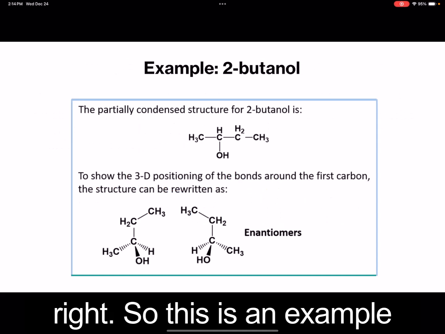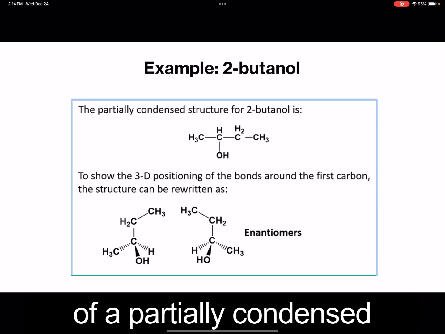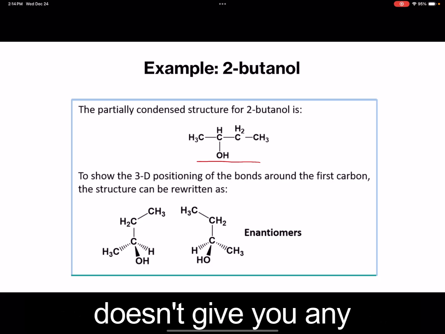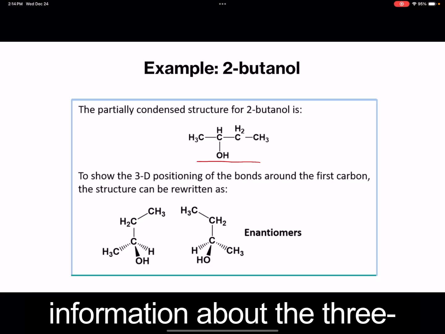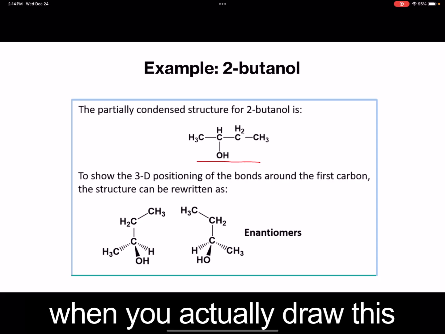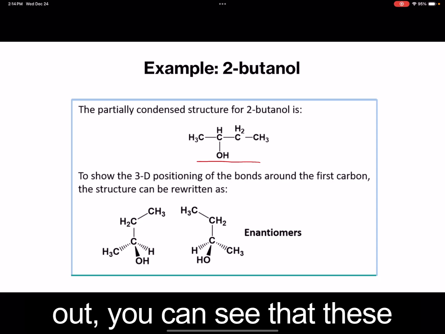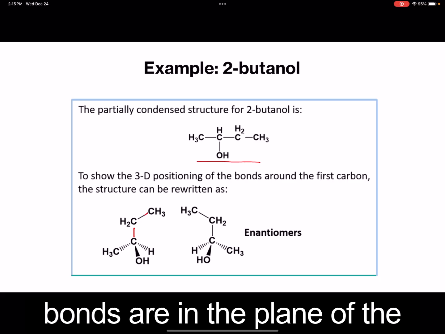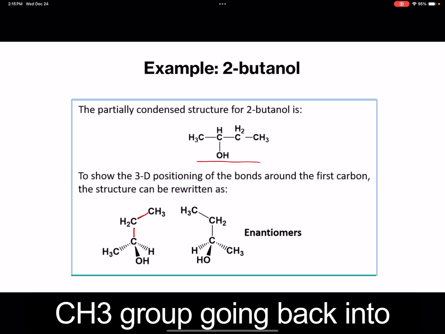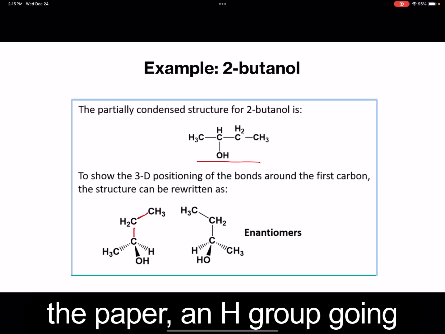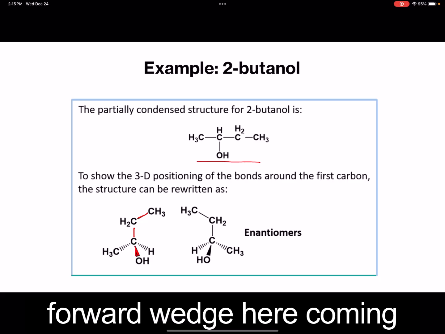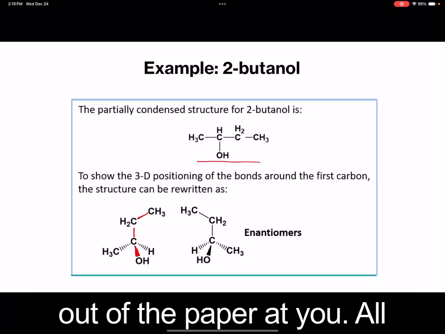All right, so this is an example of a partially condensed structure for 2-butanol shown up here. Again, that doesn't give you any information about the three-dimensional structure. So when you actually draw this out, you can see that these bonds are in the plane of the paper, but then you've got a CH3 group going back into the paper, an H group going back into the paper, and the forward wedge here coming out of the paper at you, right?